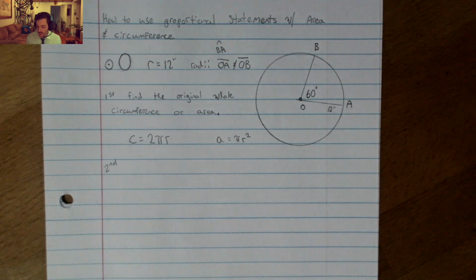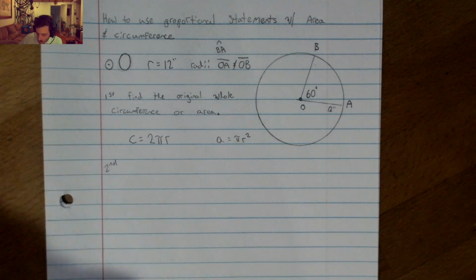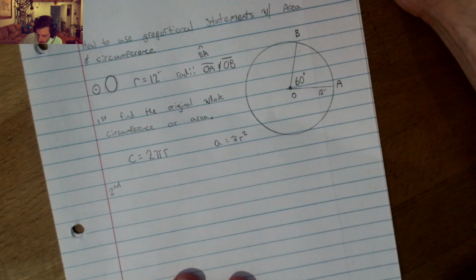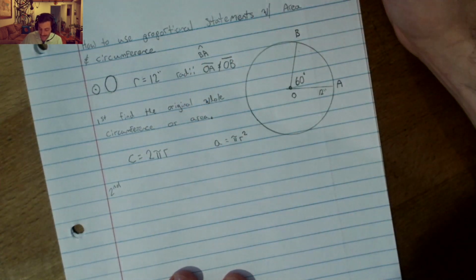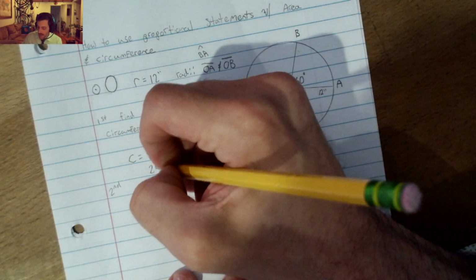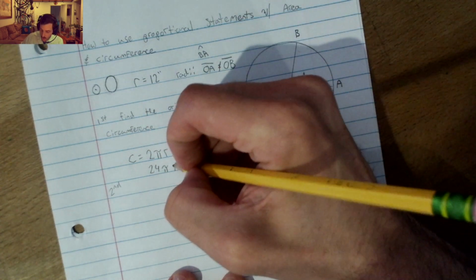So the first thing that we want to do here is find the original value of our circle. Once we find the original value, we can then figure out what the proportion is, or how we relate that 60-degree measure. Now, if we take our circle and we want to find our circumference, we'd end up with 2 times our radius of 12, and we have a circumference of 24 pi inches.